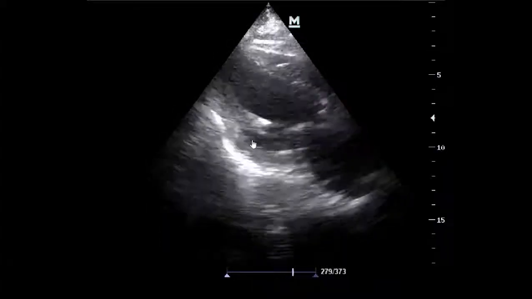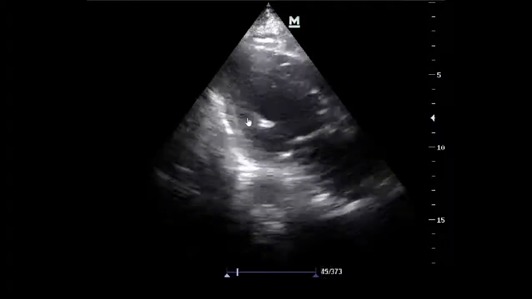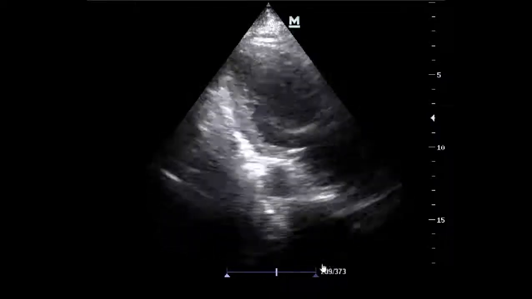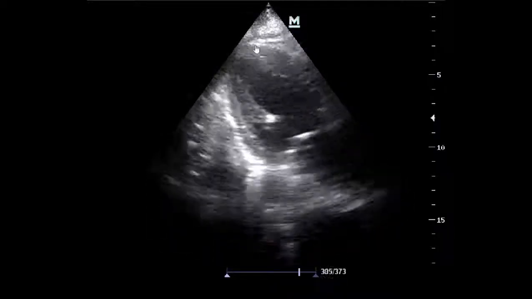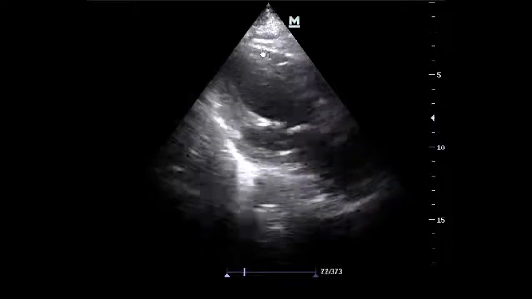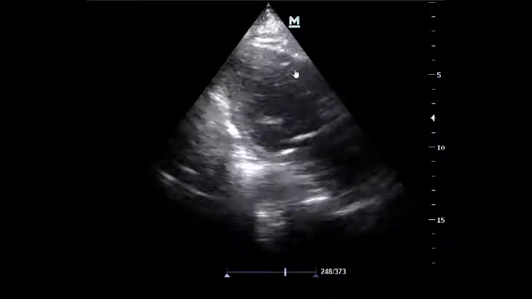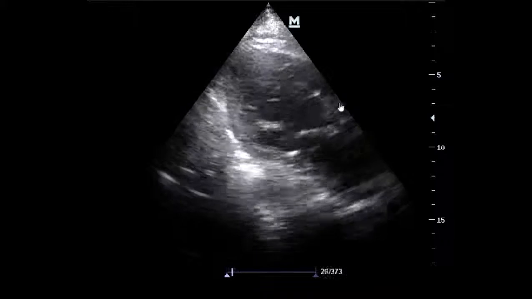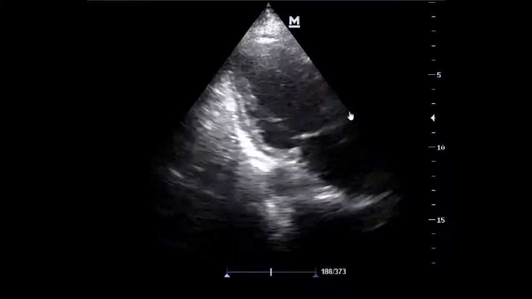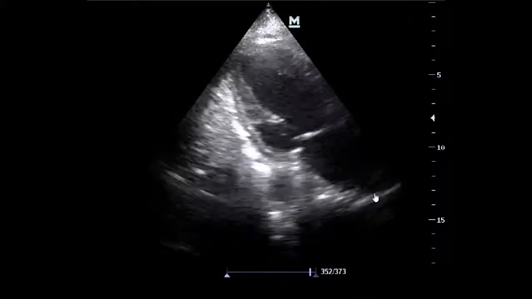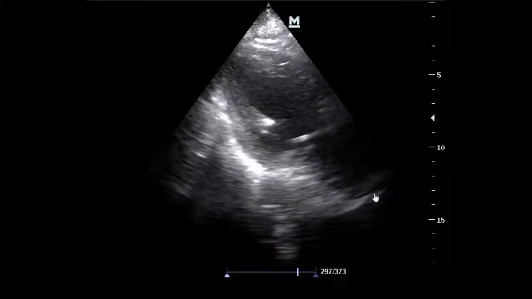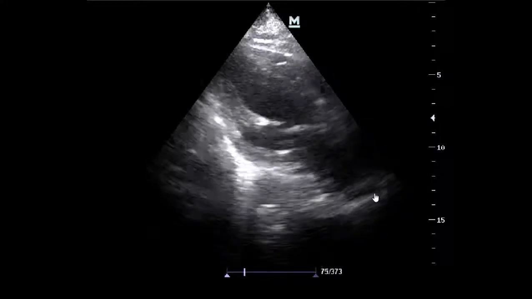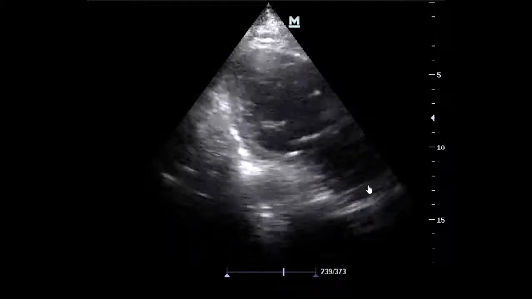You see clearly the inferior wall is aneurysmal and almost non-contracting, akinetic, and the anterior wall is hypokinetic. There is thickening in the anterior wall, but it's hypokinetic. By visual assessment, the ejection fraction is almost 20%. So there is evidence of ischemic heart disease in our patient.